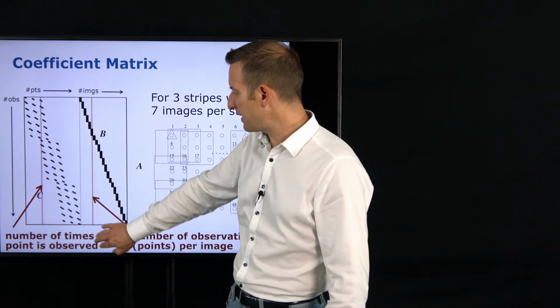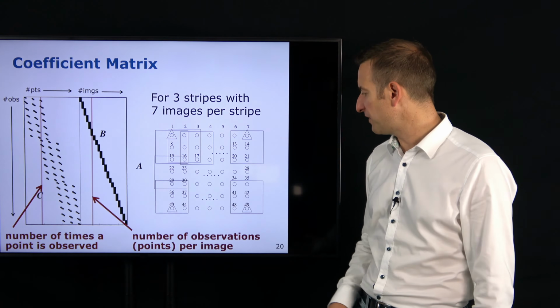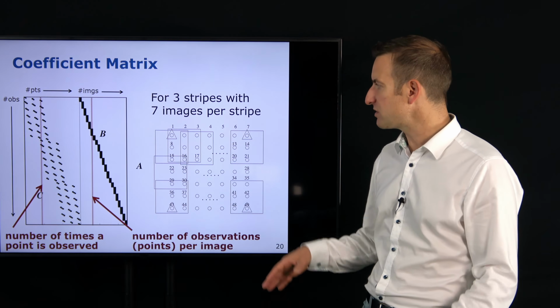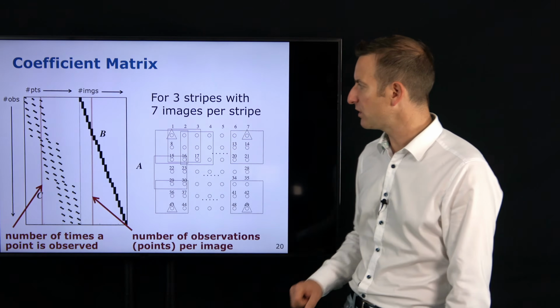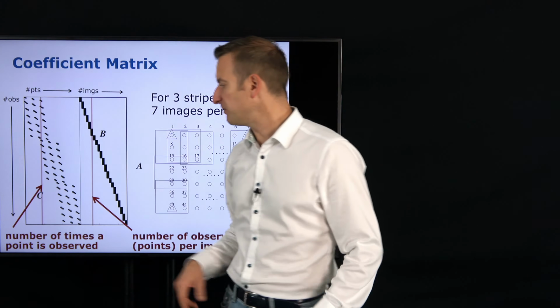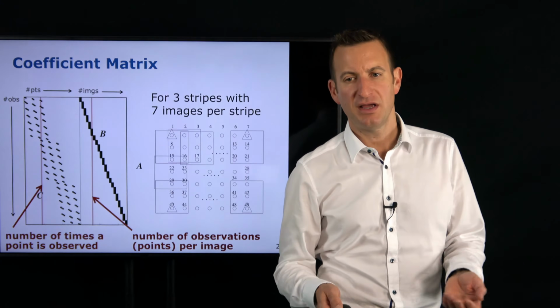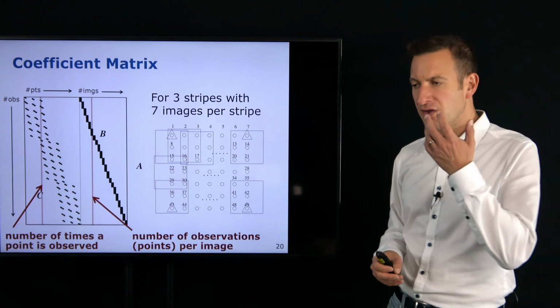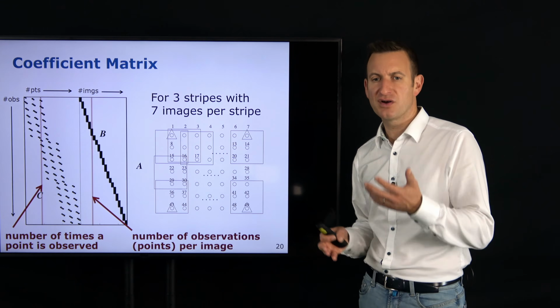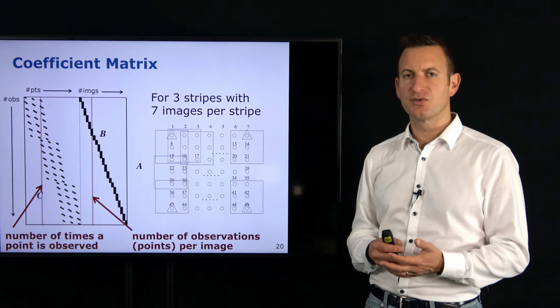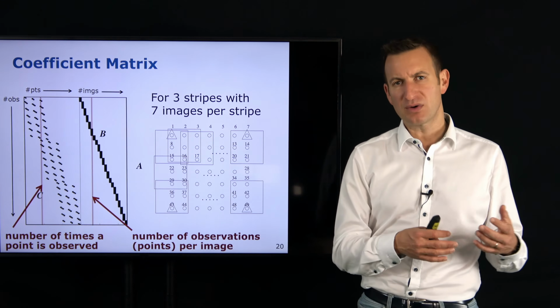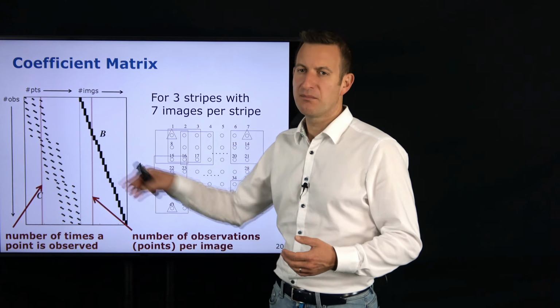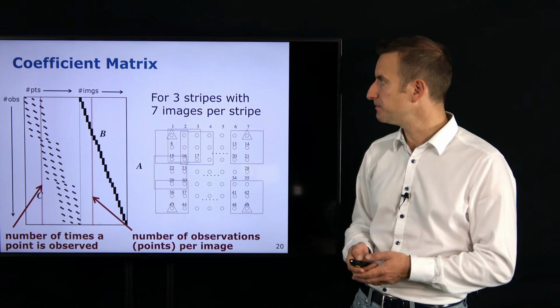So if I cut through this matrix here, it gives me the number of observations per image, so the number of points that I see with an x and y coordinate. And if I make the cut here, it gives me the number of times a point is observed overall. So this matrix has a structure which is related to the measurement process. Depending on how I record my data, this matrix will look different.